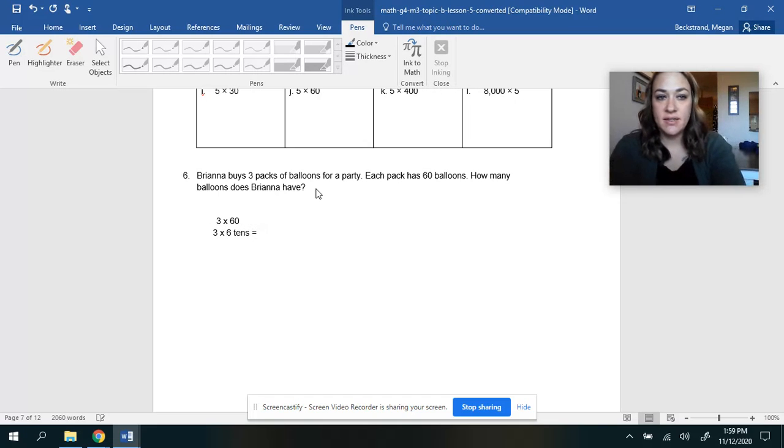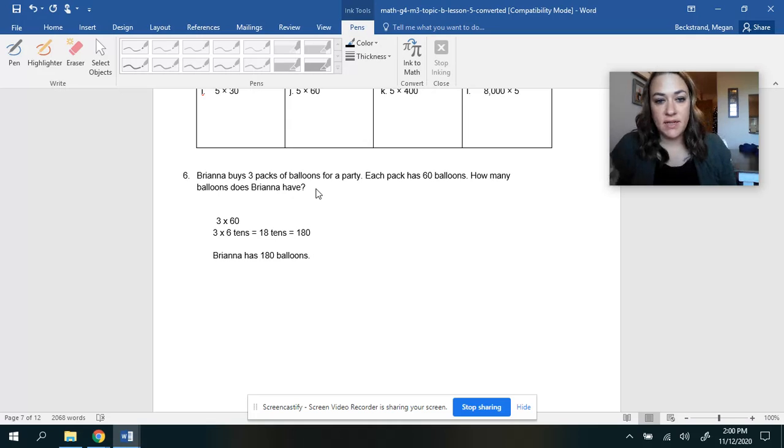What's 3 times 6? 18, but it's not just 18, it's going to be 18 10s, which is equal to 180. So because it's a word problem, let's get our answer statement. We can say our question was, how many balloons does Brianna have? Brianna has 180 balloons. Okay.